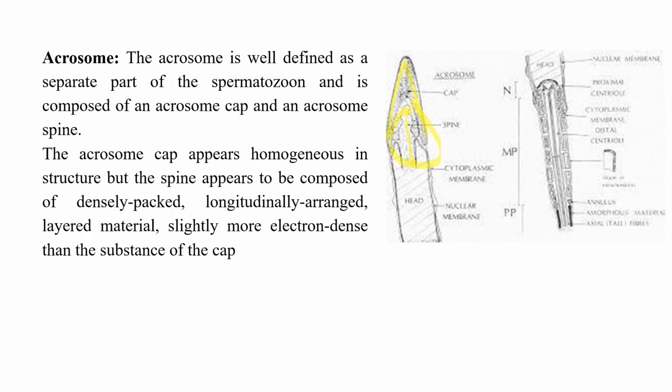The acrosome cap appears homogeneous in structure, but the spine appears to be composed of densely packed, longitudinally arranged layered material, slightly more electron dense than the substance of the cap.